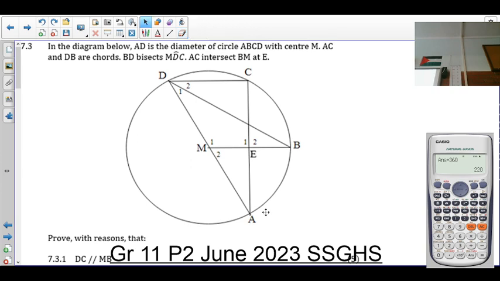Then we are told that AC and BD are chords, BD bisects angle MDC, which means that D1 is equal to D2. Then we are told that AC intersects BM at E. It doesn't say bisect, but intersect, which means this cuts.